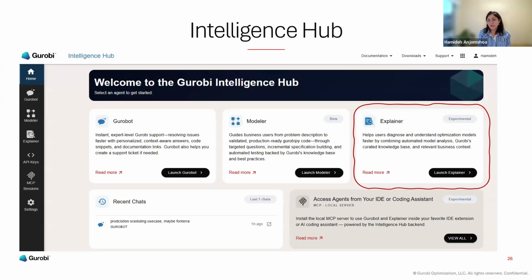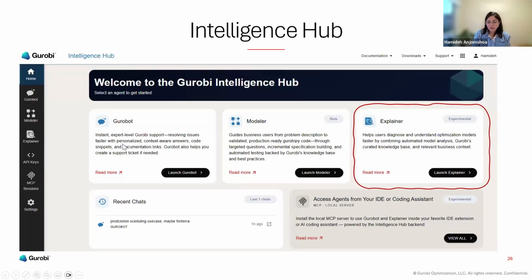We recently launched the Gurobi Intelligence Hub, which I definitely recommend, and this is free for everyone. They can register and then look into this one. We have three different GuruBots, launched more than a year ago. You can ask your questions like ChatGPT or Claude, whatever you're using.